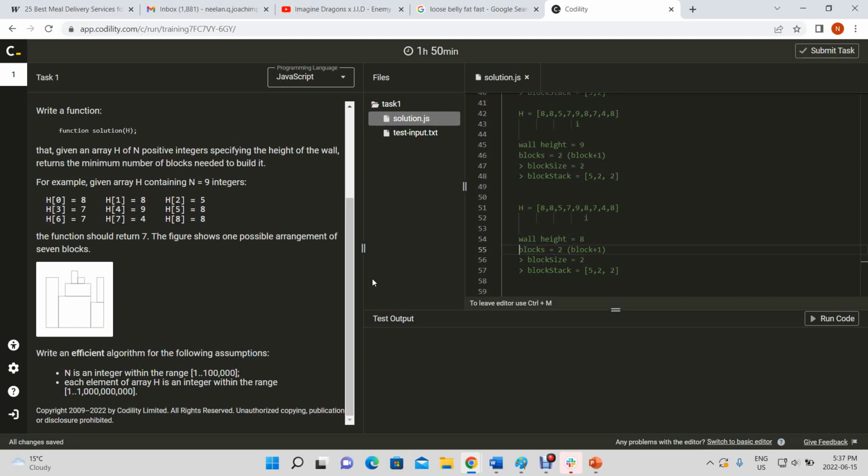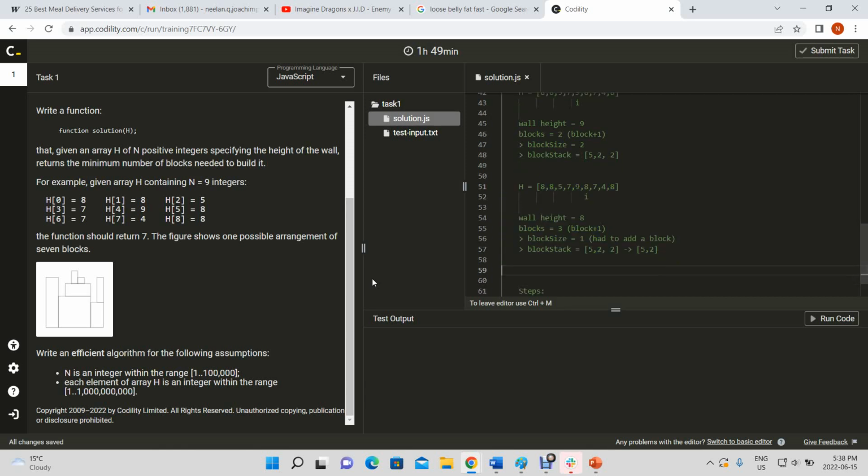So what we're going to have to do is pop from the stack our top block, so we'll only have 2 elements, and our blocks will increase to 3, and we're going to have to re-add another block, right, to make it so that our wall height is 8, so our block size will become 1.